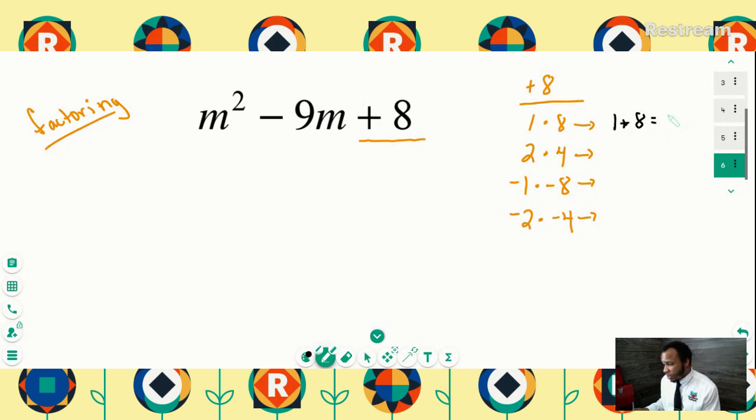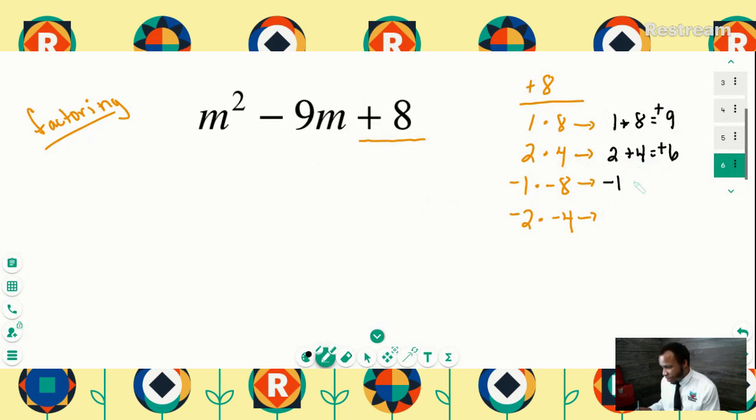Now 1 plus 8 gives us +9. What we're trying to get is a -9, so this won't work. Next, we have 2 plus 4. Once again, 2 plus 4 gives us +6, which is not the -9 we want. So we'll go on to the next term.